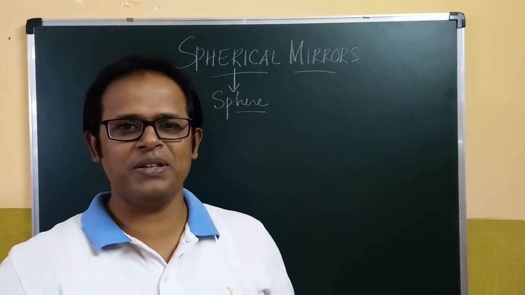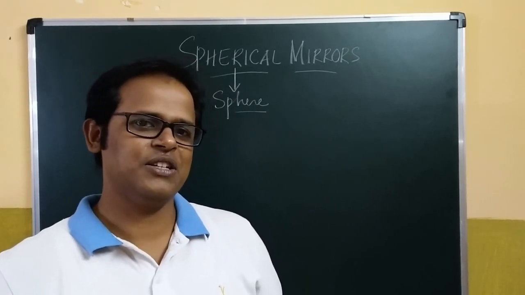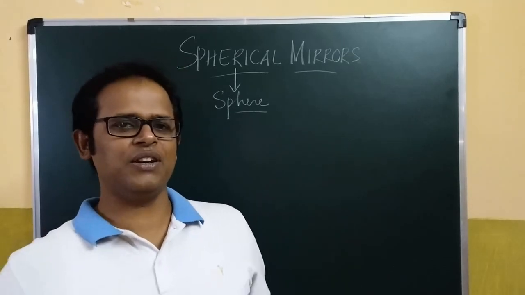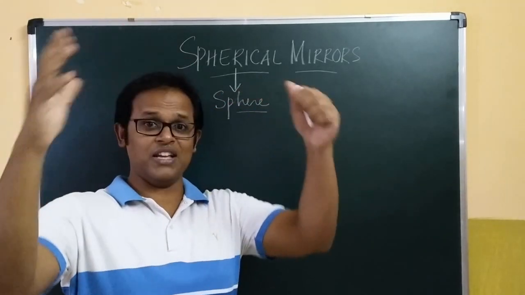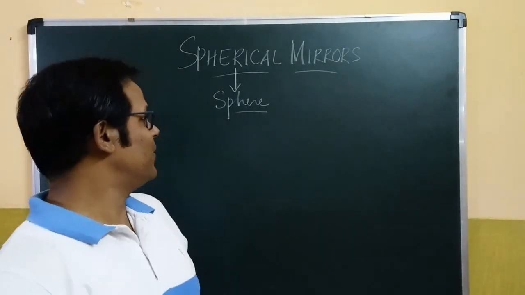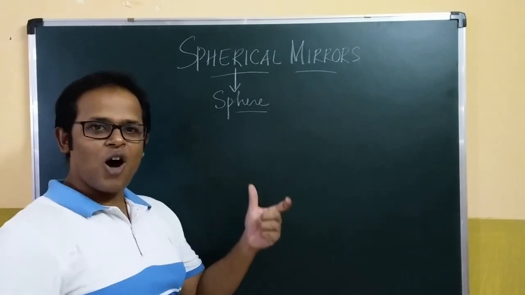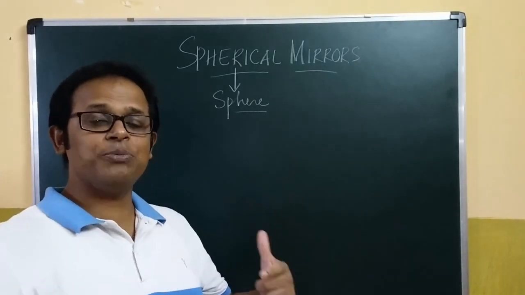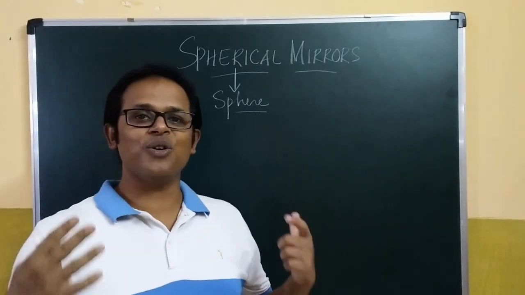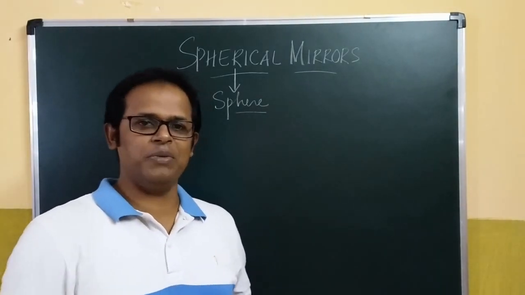It can be put up in a museum or in science galleries as a spectacle, but definitely not for regular usage. I mean to say, these mirrors form, or are imagined to be, a part of a large hollow sphere. Hence, the name spherical mirrors.